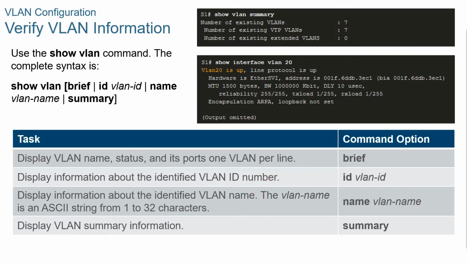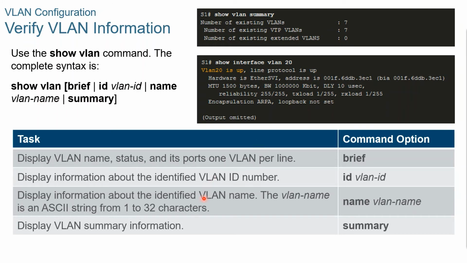So next, how do we verify VLAN information? After a VLAN is configured, the VLAN configuration can be validated using Cisco show commands. The show vlan command displays a list of all configured VLANs. The show vlan command can also be used with options. The complete syntax would include show vlan brief, id VLAN ID, name VLAN name, and summary.